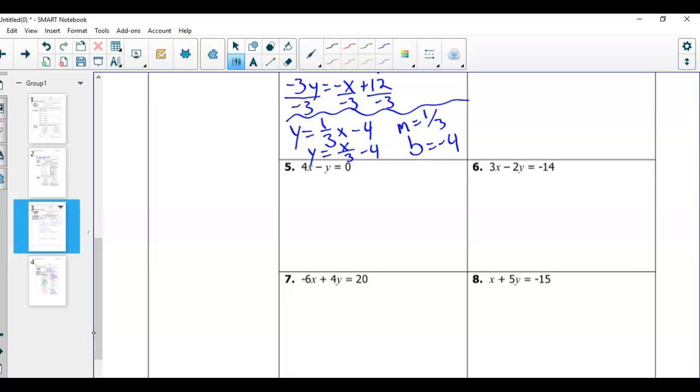The last one I want to do is number 7, because this x term is negative. So here, because it's negative, I'm going to add 6x to both sides, leaving 4y equals positive 6x plus 20. And then I can divide everything by 4.